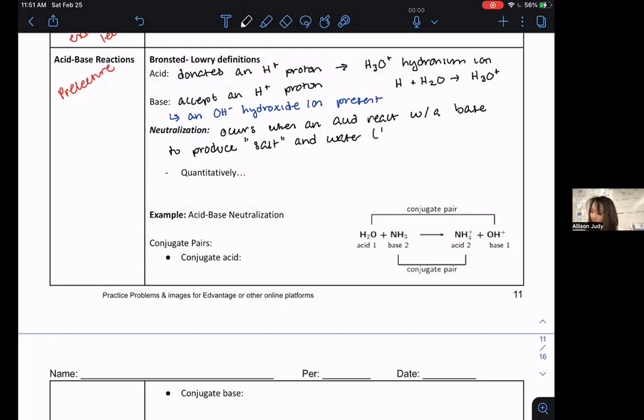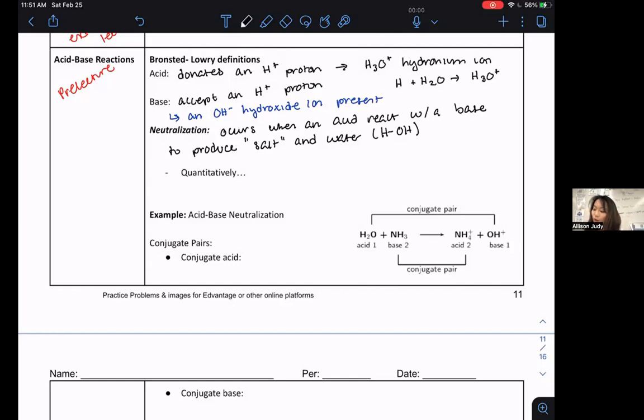Essentially, we are removing the ability of a compound that now carries a distinct H+ and a distinct OH-. So neutralization is really just the idea that you no longer have a distinctly acid and distinctly base solution.